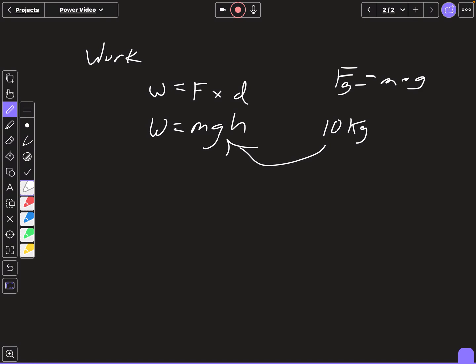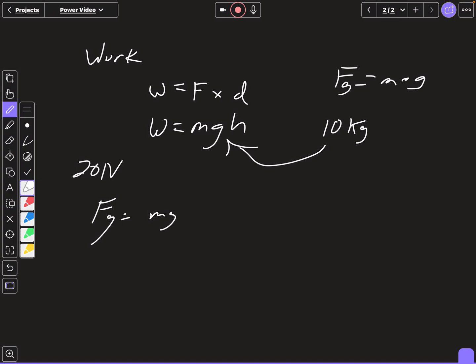But if we were given something like 20 newtons, something's weight is being picked up, well, that 20 newtons is F of G, force of gravity, and that's equal to m times g. So we just take 20 and multiply it by the height. There's no point in dividing it by 9.8 to come up with a mass, but then multiplying by 9.8 again, and then by your height.